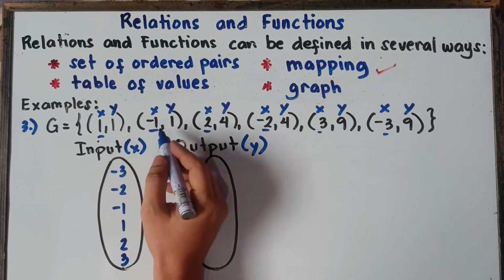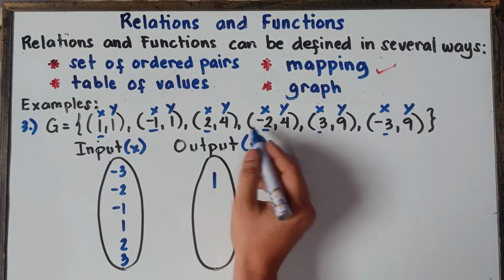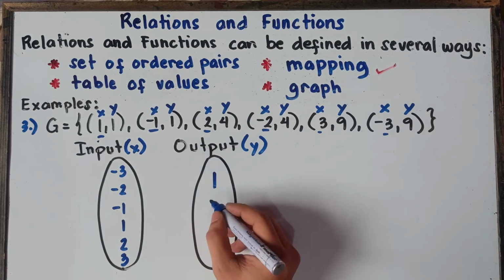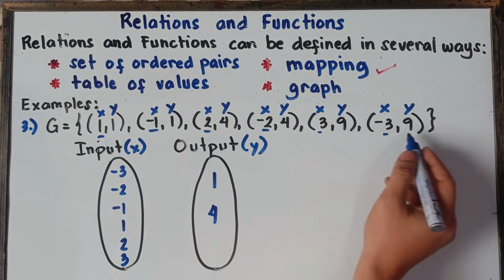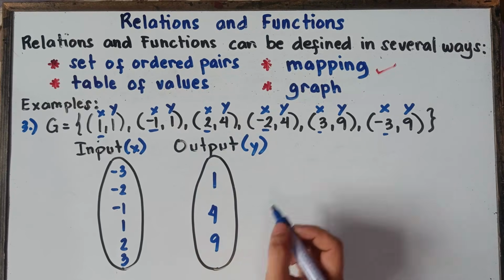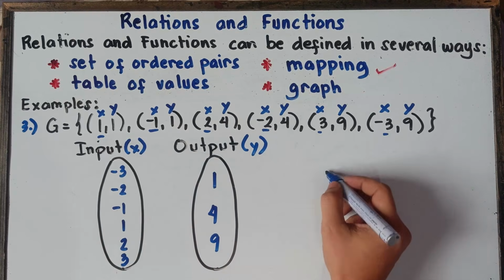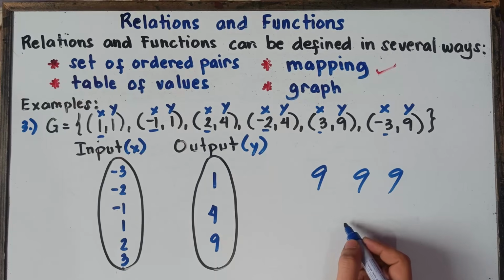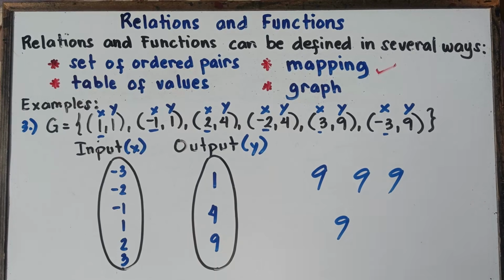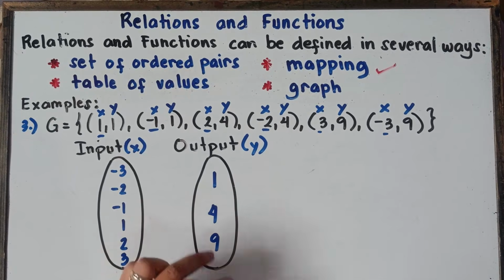And then we have 2, positive 4, simply write down 4. And then we have 2, positive 9, simply write down 9. Once again, class, if the number is repeating, simply write down only 1. It would be really the same, class. If you have 3 9s, simply write down only one 9. So the output, we have 1, 4, and then 9.